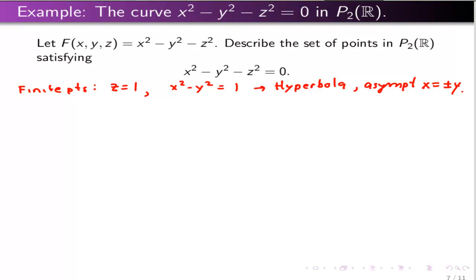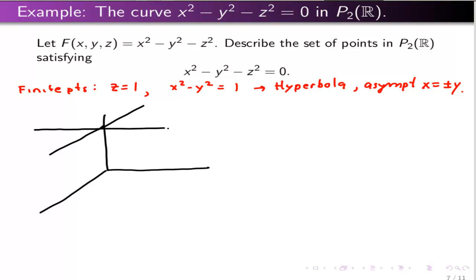Okay, let's draw both models like this. So in this model, we'll do it on the z equals 1 plane. And just sketch this hyperbola. So think of this as being the x-axis up here, and this is the y-axis. And so this hyperbola has these asymptotes, x equals plus or minus y.